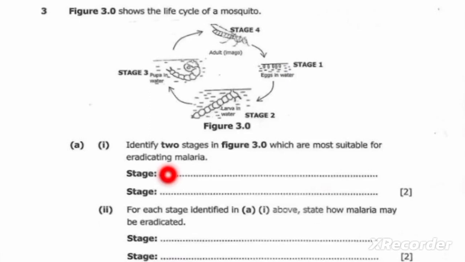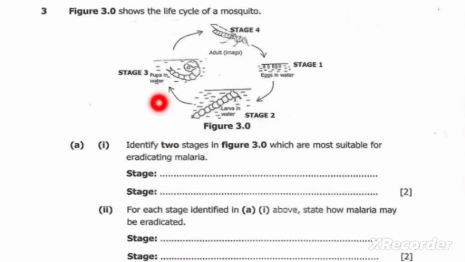It is really hard for us to eradicate the adult mosquito because the adult mosquito can run away or escape. But for larva and pupa, it is easy to eradicate them.